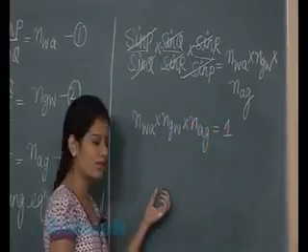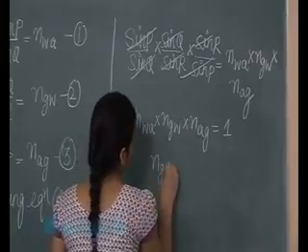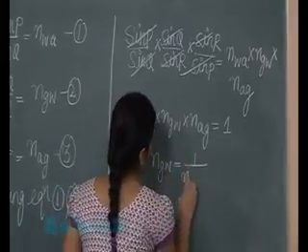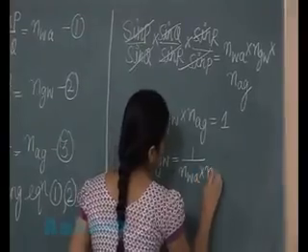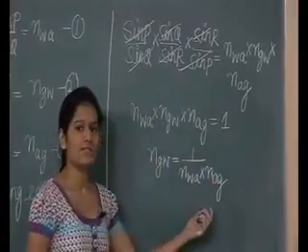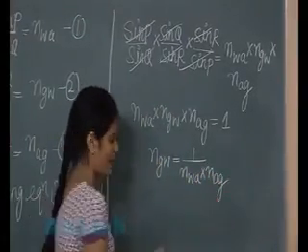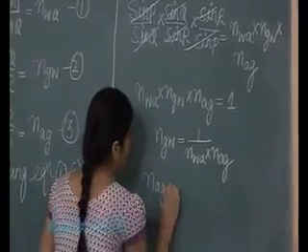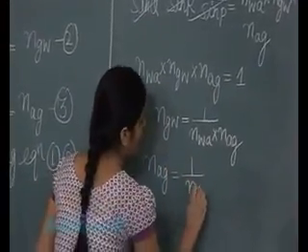Now student, we can write it as Ngw is equal to 1 by Nwa into Nag. Now student, Nag can be written as the reciprocal of Nga.